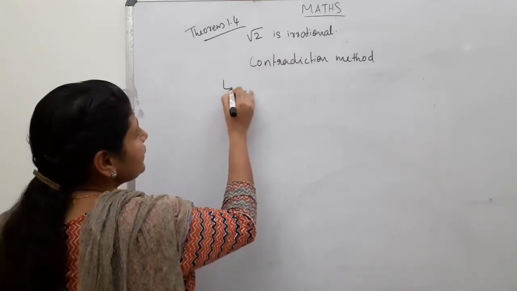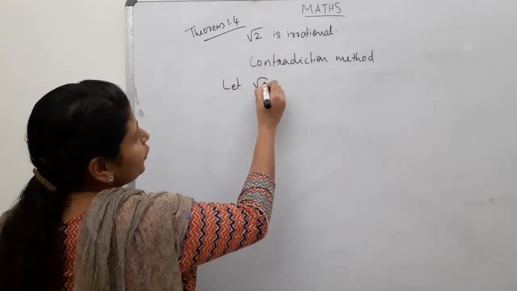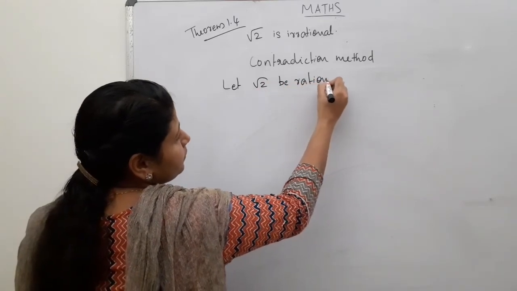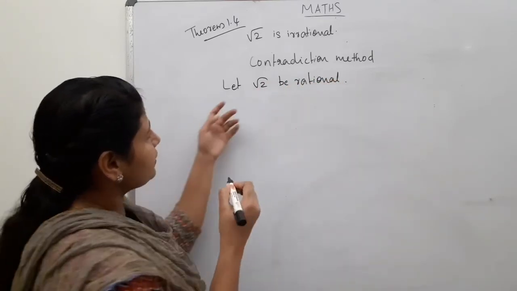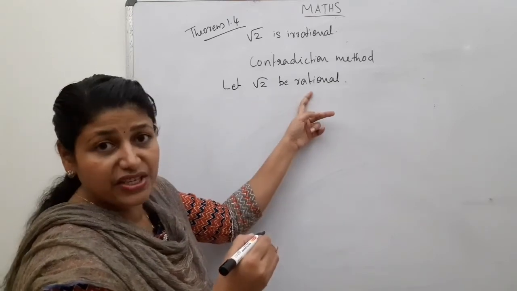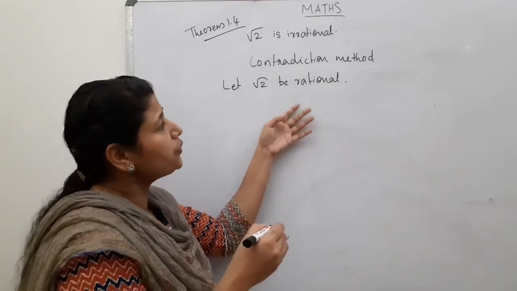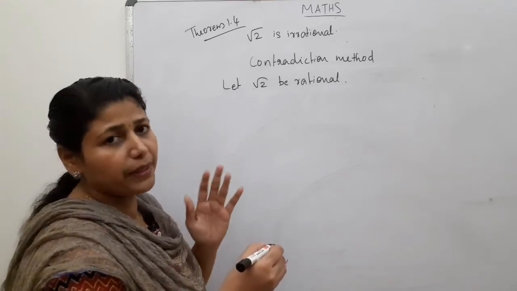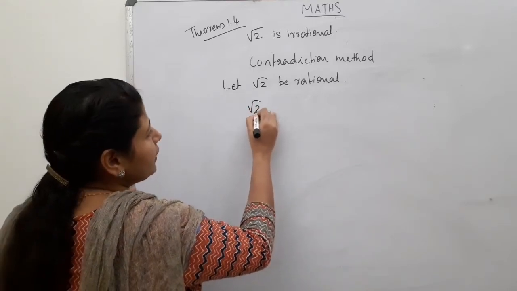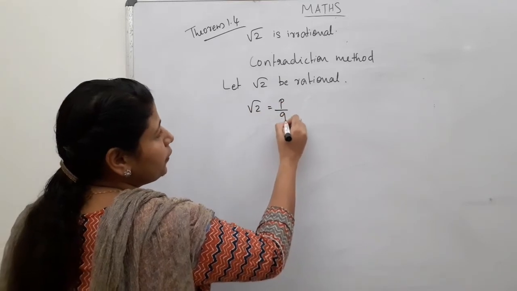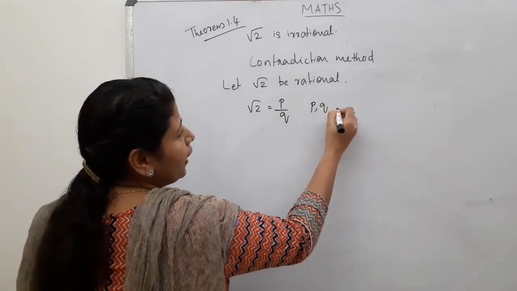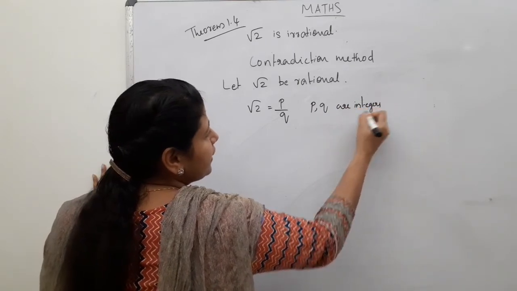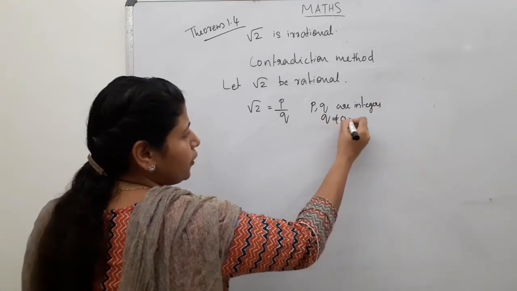Okay, so let root 2 be rational. We know the definition of a rational number. Every rational number can be written in the form P by Q, where P and Q are integers, and Q cannot be equal to 0.